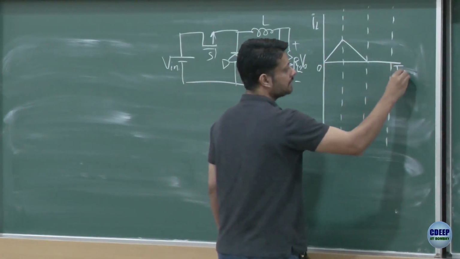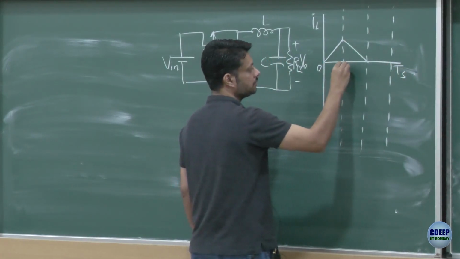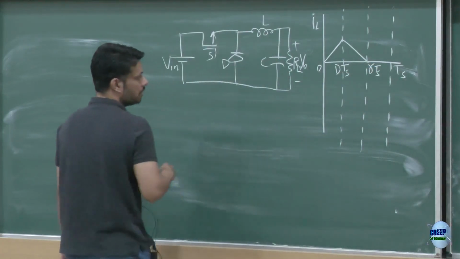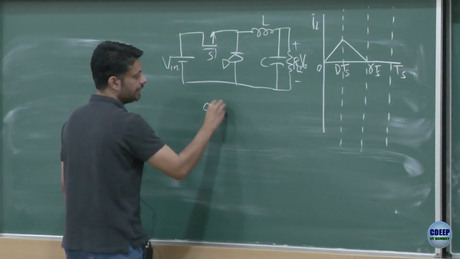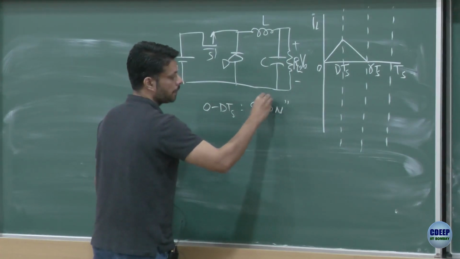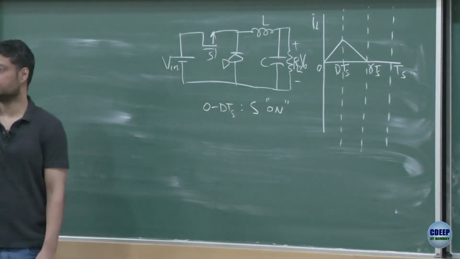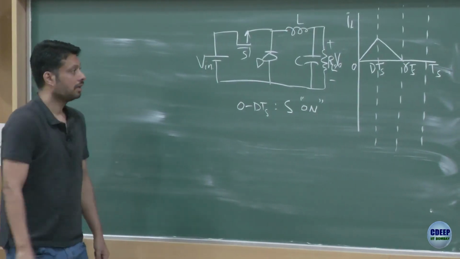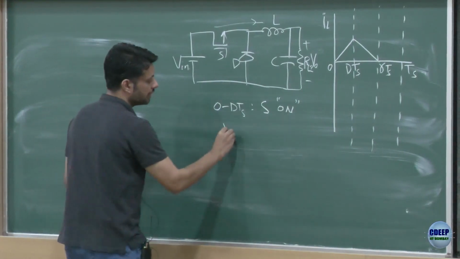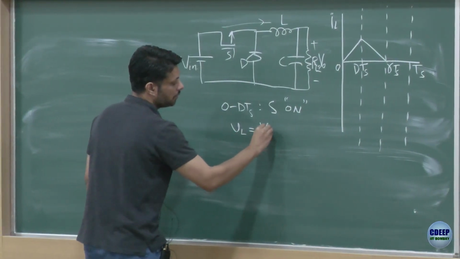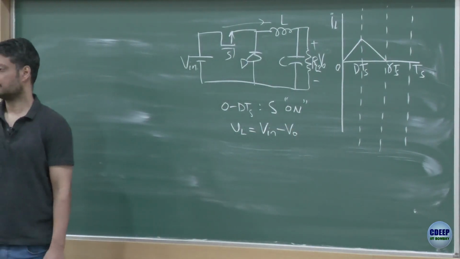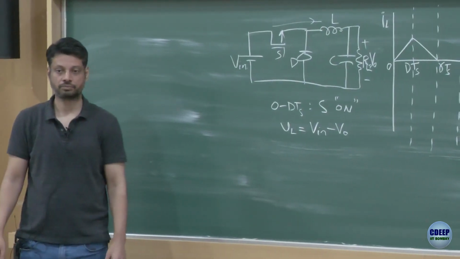Zero, Ts, dTs and gamma Ts. For the time period from 0 to dTs, your switch S is on, current is flowing in this direction. The voltage across the inductor is given by Vin minus VO. Same as whatever was happening before.